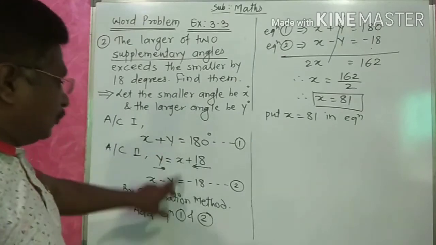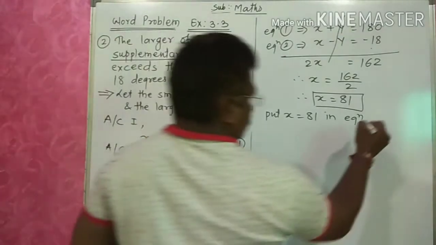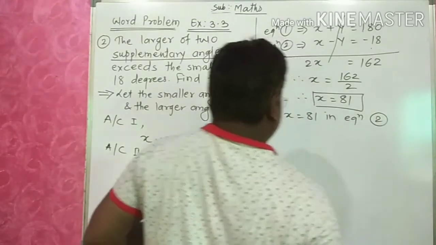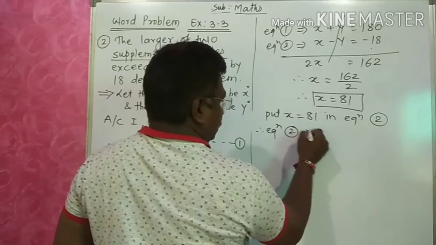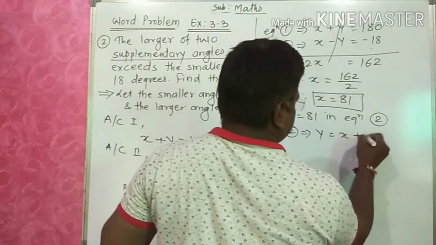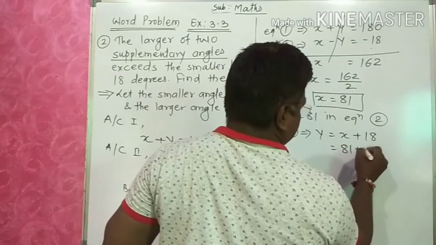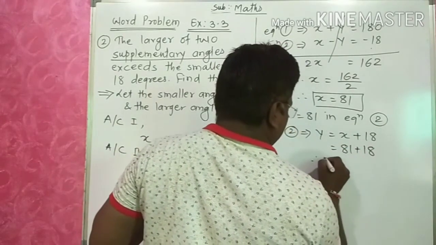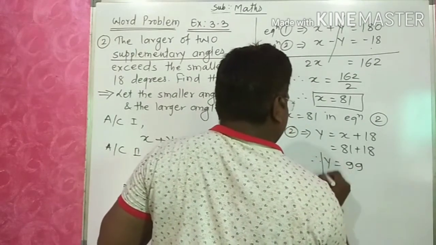Out of the 2, any one of the equations you can substitute. So equation 2 becomes y equals x plus 18. So 81 plus 18. Therefore y equals 99.